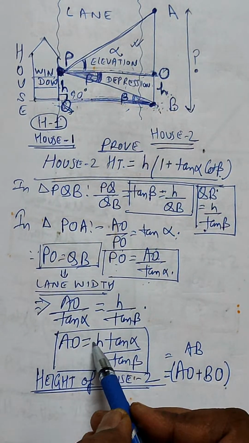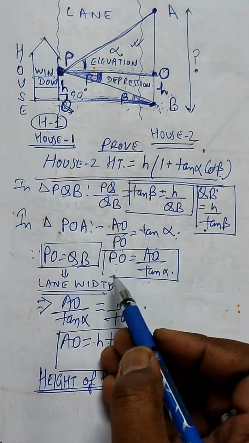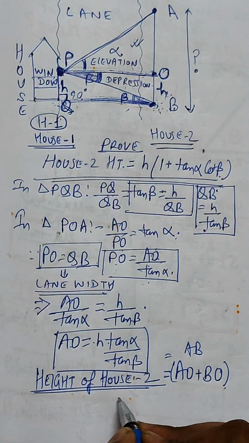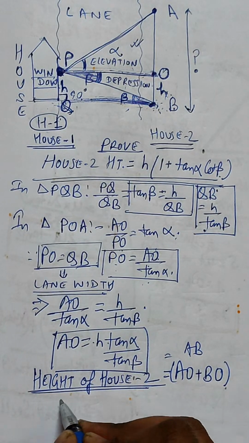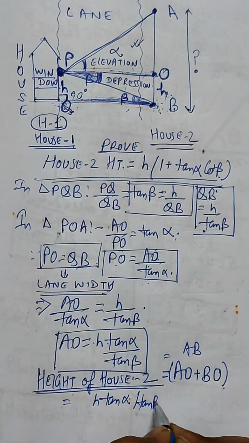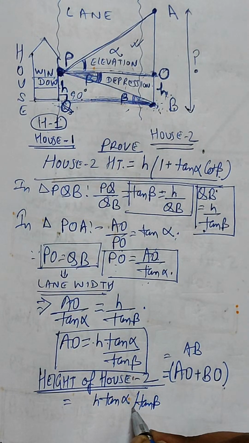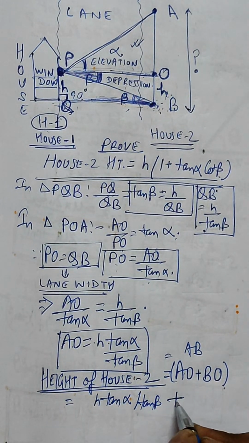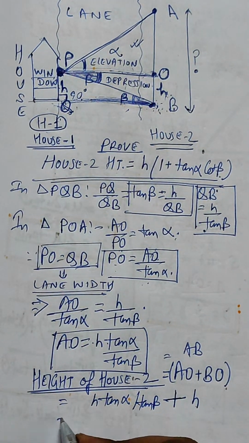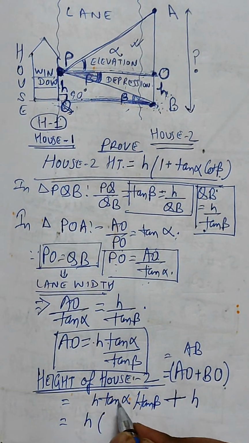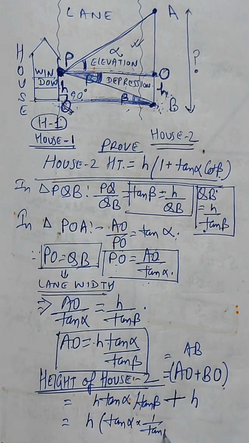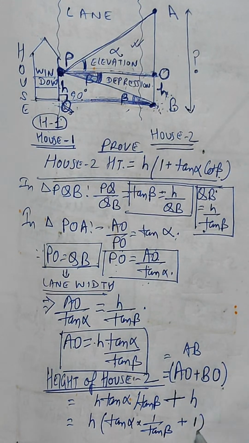The length of AO is calculated, and the length of BO is also known to you, that is H. So just put the value of AO, equal to H times tan alpha by tan beta, plus BO, which is H. Taking H common, tan alpha by tan beta can be written as tan alpha into 1 by tan beta, plus 1, right?